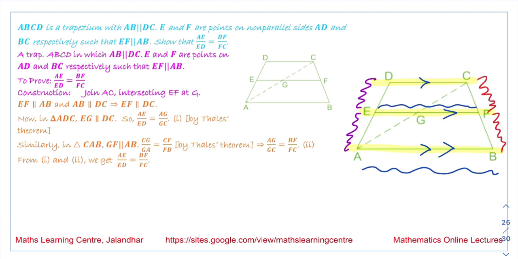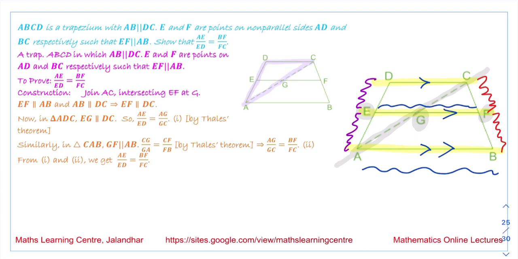FC. So to prove this, what we have done is we have joined these points A and C, and G is the point where this AC meets this EF. Now consider the triangle ADC. We are talking about this triangle ADC over here.